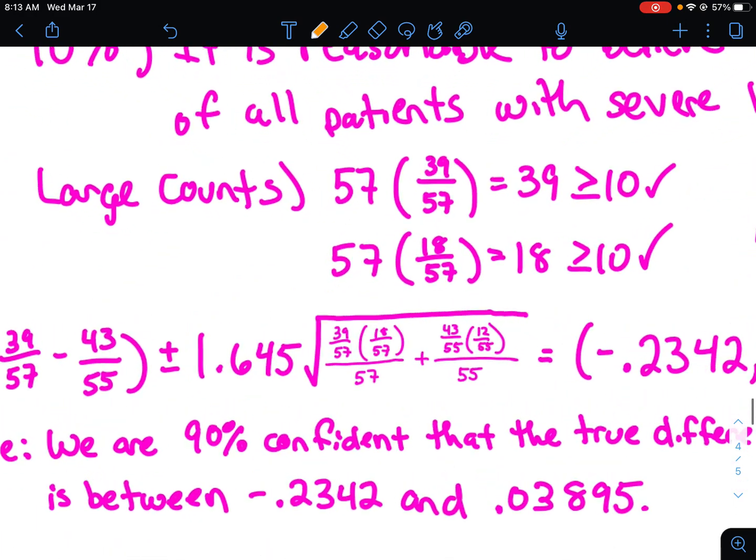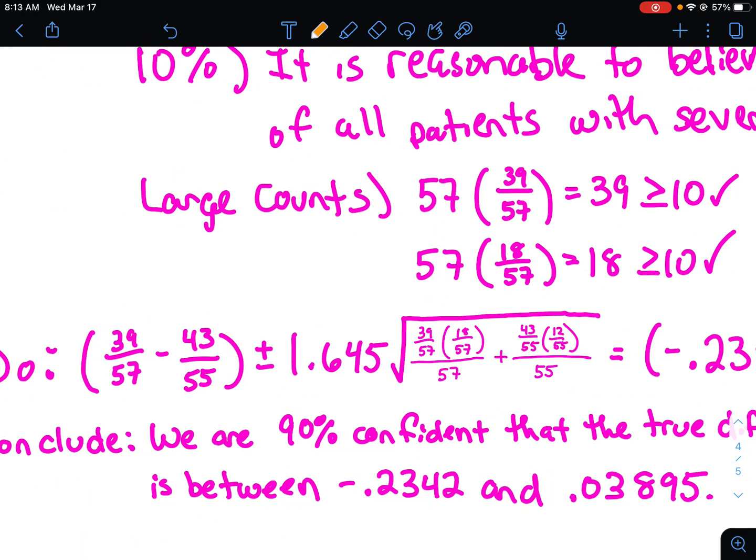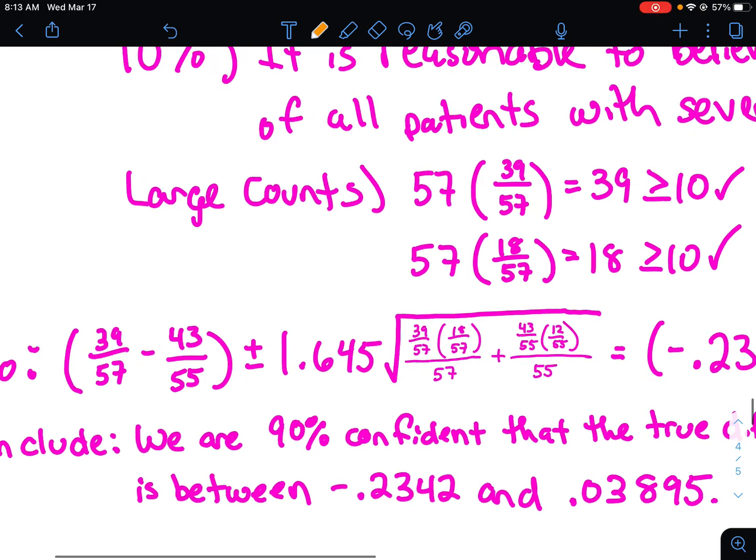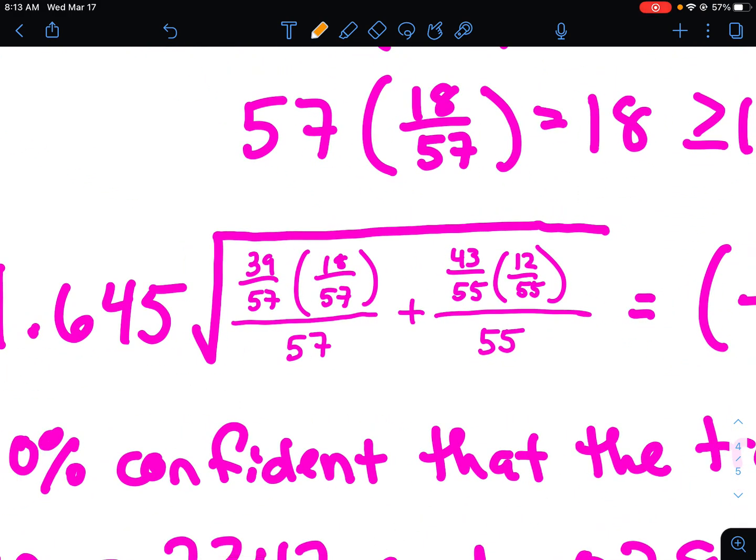In the do phase, okay, 39 over 57 minus 43 over 55, those are our proportions, plus or minus 1.645, that's our critical value at 90%, times, there's our standard deviation, p hat 1 times 1 minus p hat 1 over n1, plus p hat 2 times 1 minus p hat 2 all over n2.